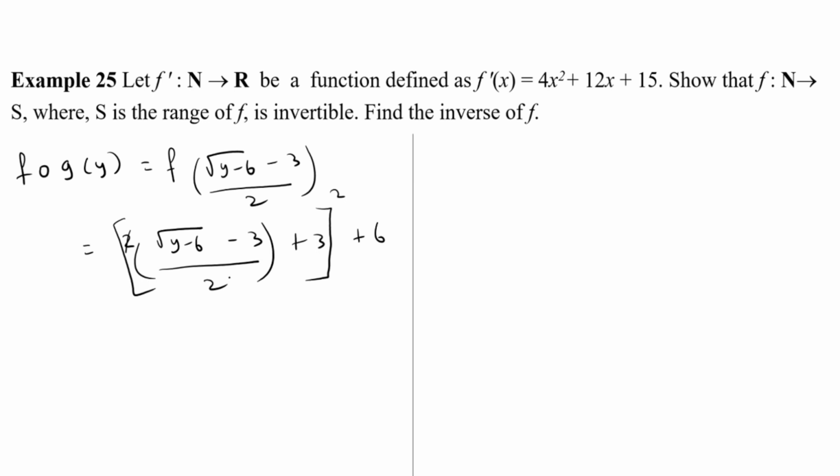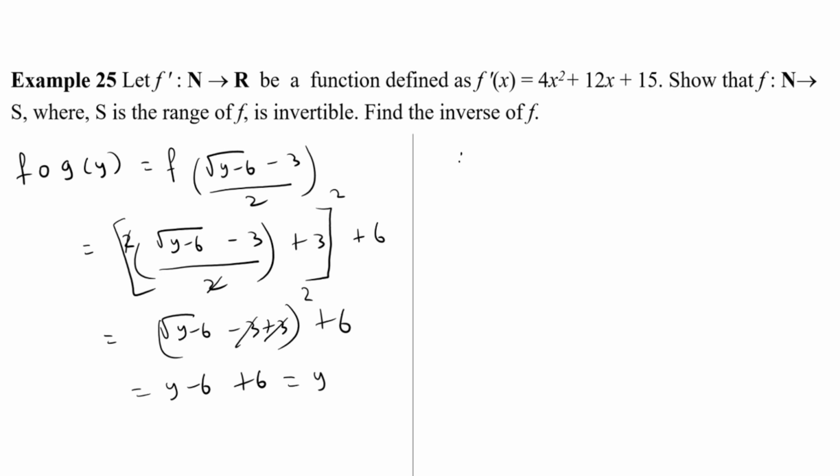So these two will go. So this is equal to root of y minus 6 minus 3 plus 3 the whole square plus 6. So minus 3 plus 3 will go. This is equal to y minus 6 plus 6 equal to y.